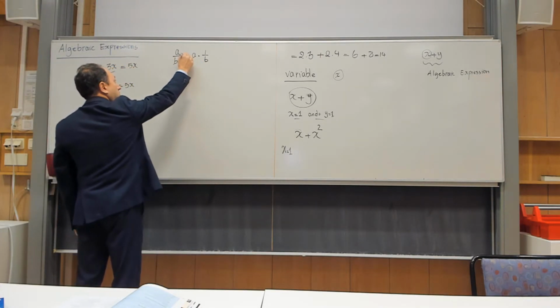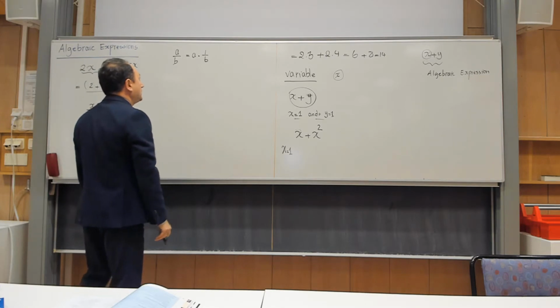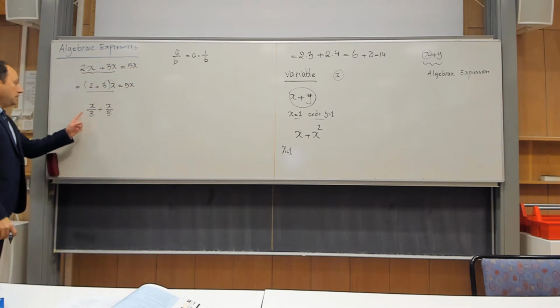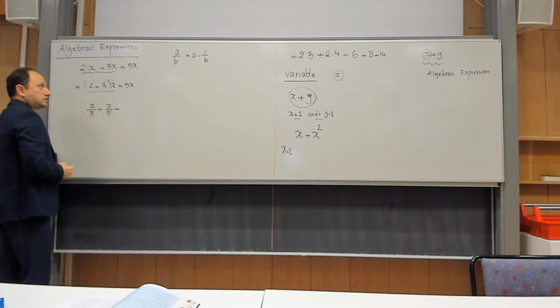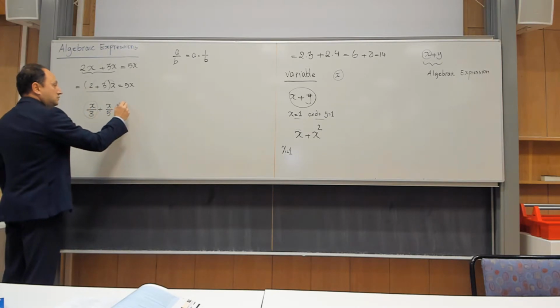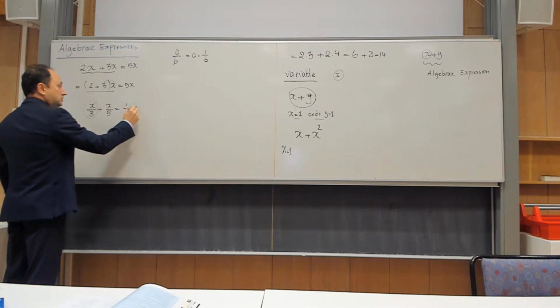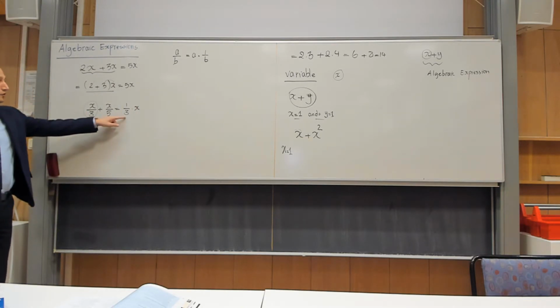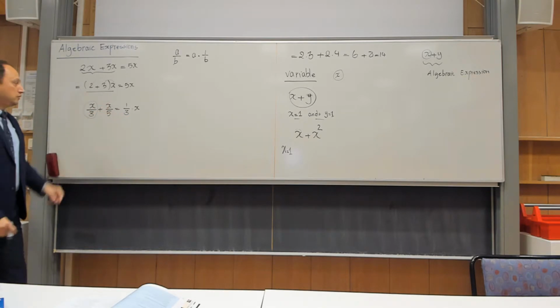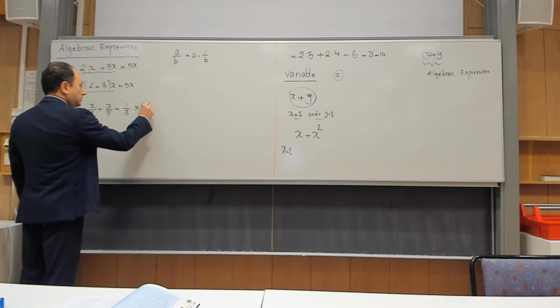So be careful, these are the same. Okay? So here another way that I can imagine this is x over 3 is 1/3 times x. Agree? x over 3 is another name for this combination, and x over 5 is another name for this combination.